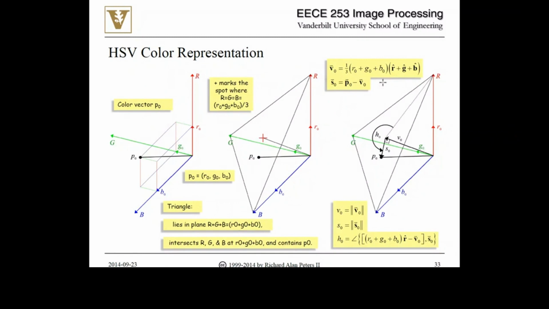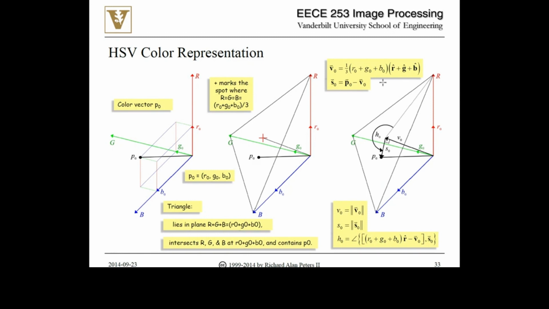Okay, so here we have a point. This is a vector that joins the gray point with the red point, and now this vector makes an angle with this other vector. Okay, so let's try to formalize all that. This point of intersection, the gray point, is a vector that we will call V0.